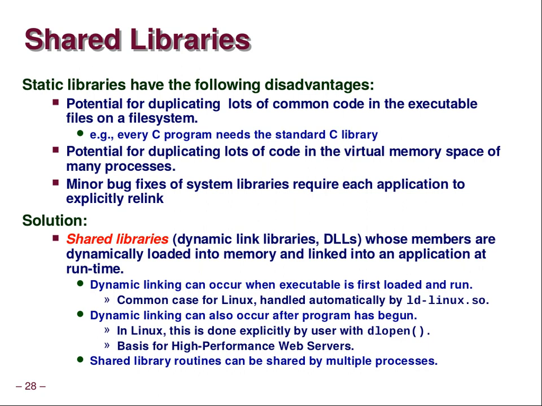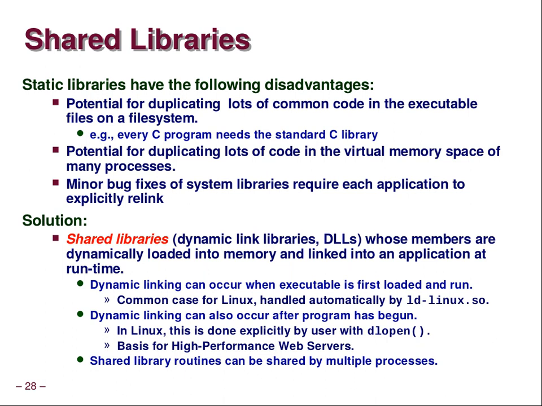So statics have a couple of disadvantages. If everyone's using libc or libmath, that means you're going to be linking libmath or libc into all these different programs out there. But in reality, you just need one C library, right? Because you're just running the same code over and over again. So that's a lot of code in the virtual memory space, which is already a limited resource.